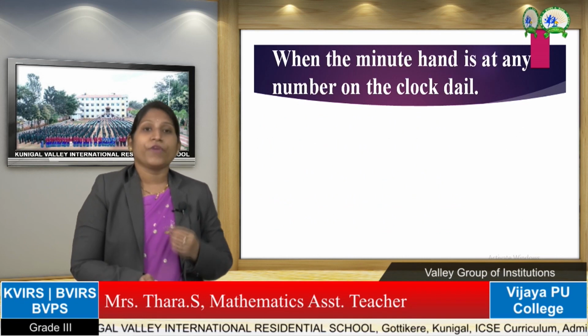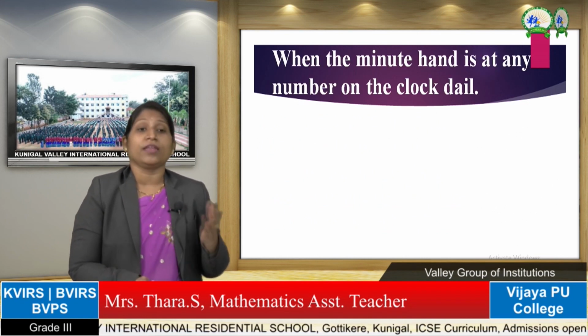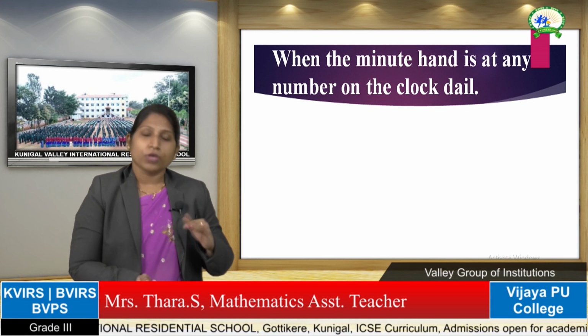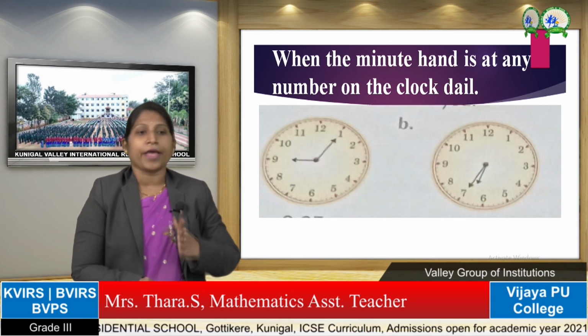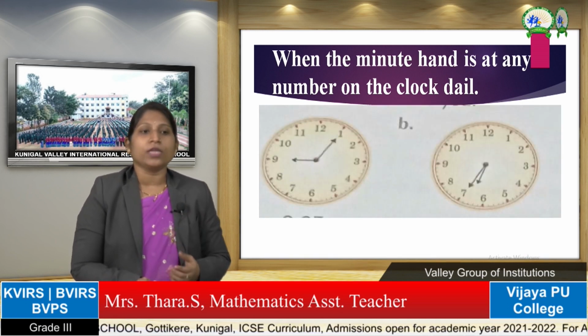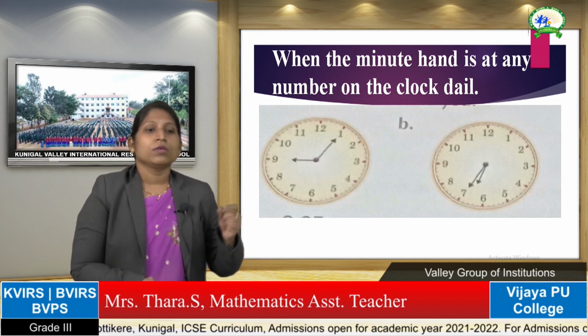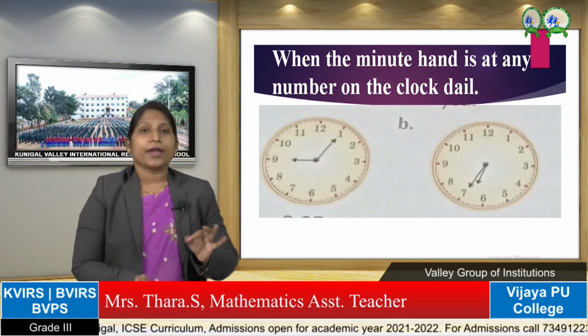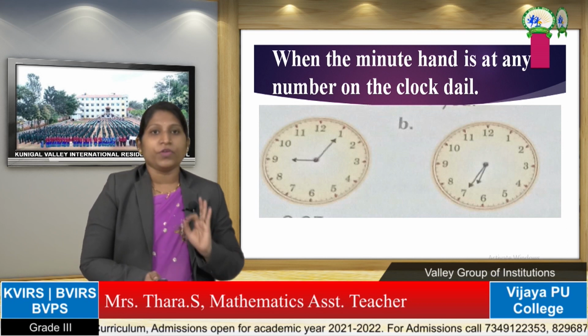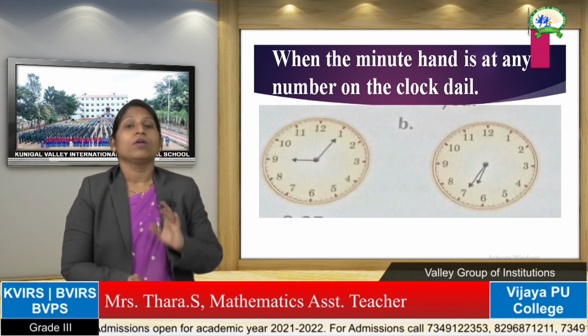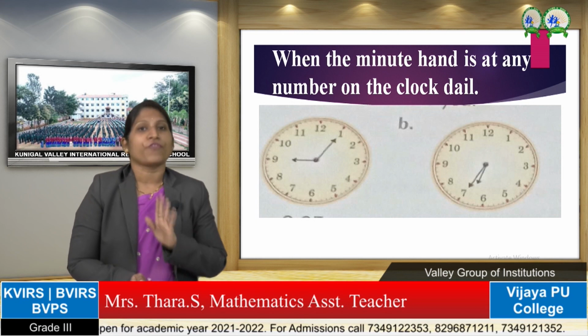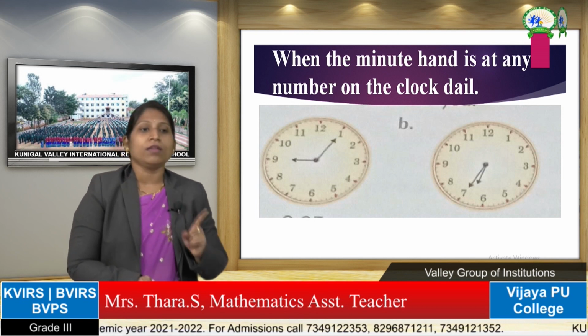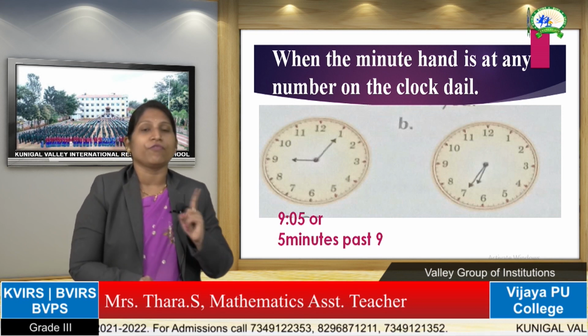Next, when the minute hand is at any number on a clock dial, again we are going to learn. See, it is in your textbook. The hour hand shows 9 and the minute hand shows 1. We know 1 into 5 is 5 minutes. So how to read the time? 9:05.